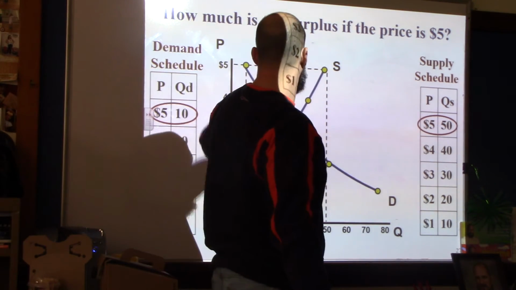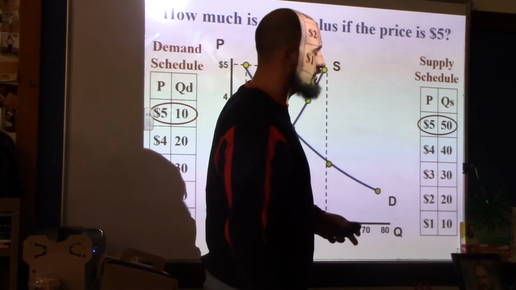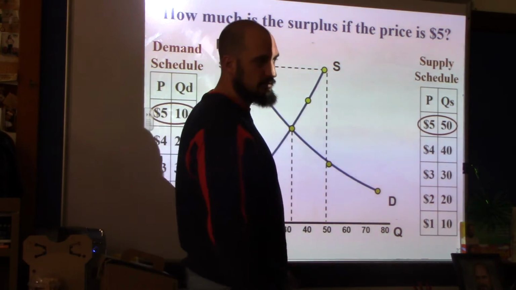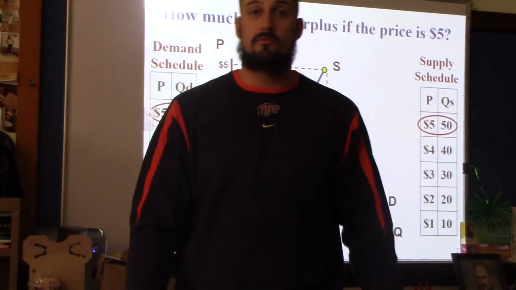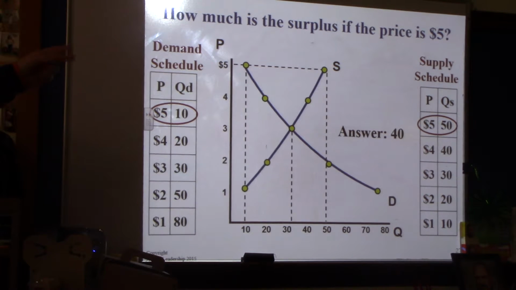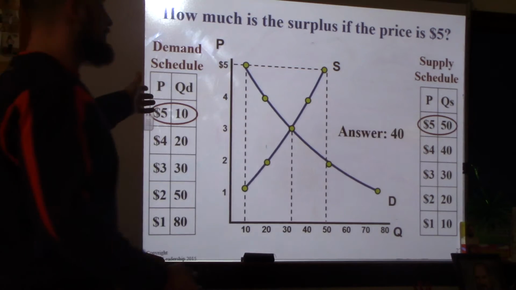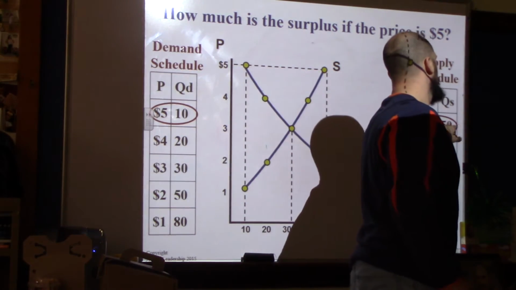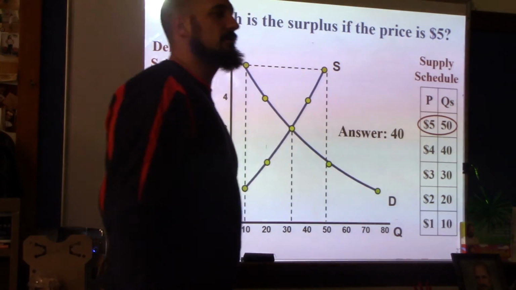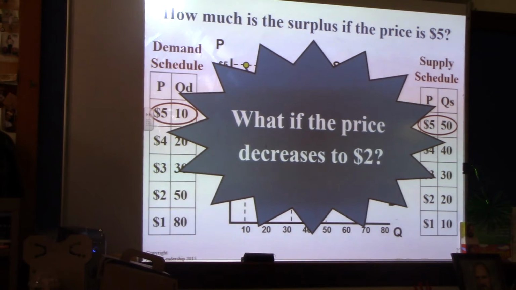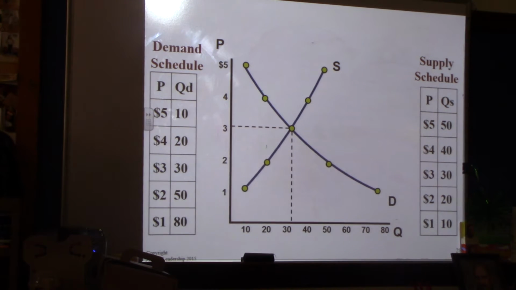We take 50 and subtract 10, and that gives us 40. So our surplus would be 40. We can use the graph or we can use the charts: here we see demand is 10, supply is 50, and subtracting gives us 40.